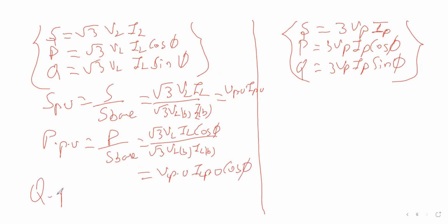Similarly, for Q per unit as well, it will be your Q by S base, which would be your V per unit I per unit sin phi.